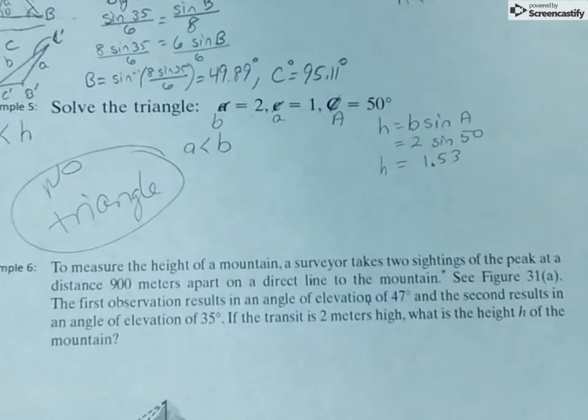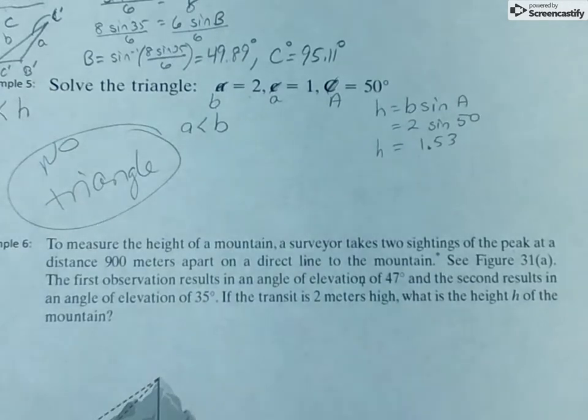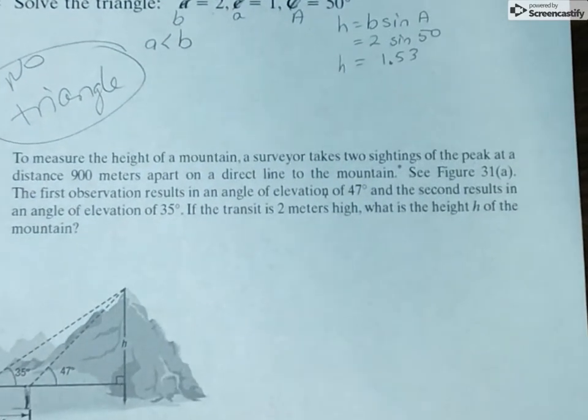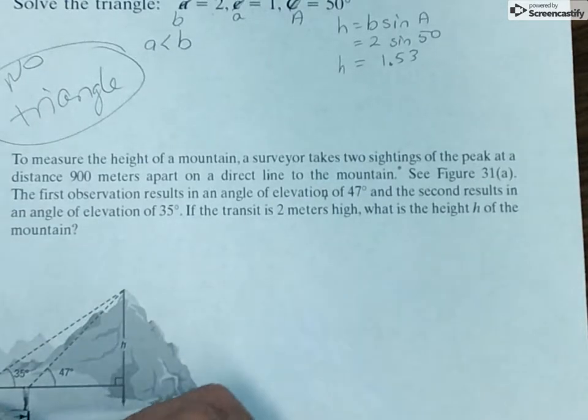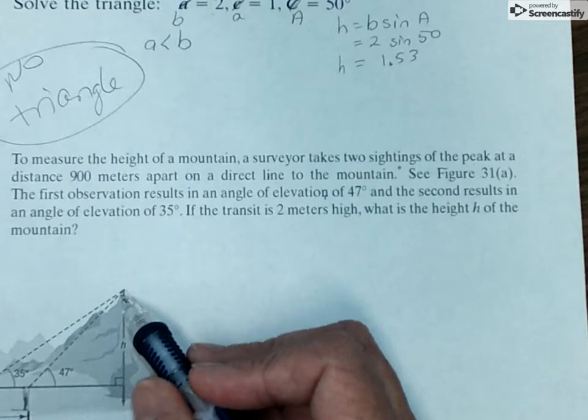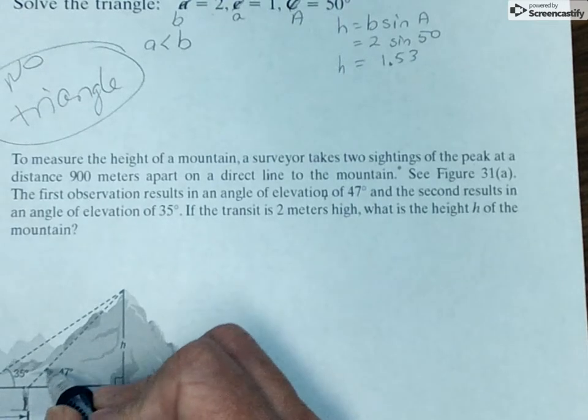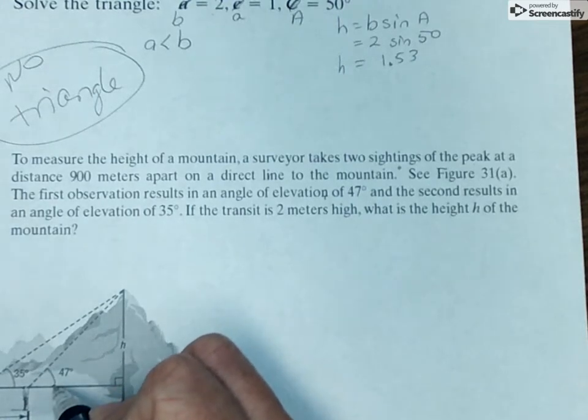Okay, example 6 then. So we are looking at an application problem here. We're looking at a mountain, and the surveyor has taken 2 sightings, or observed the height here, 900 feet apart, and on a direct line to the mountain, meaning it's just straight to here. First one, we get an elevation of 47 degrees.